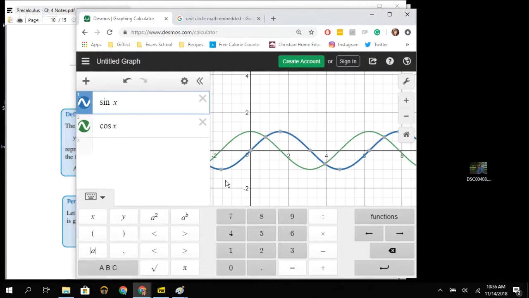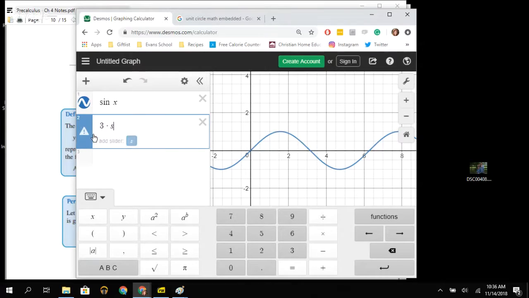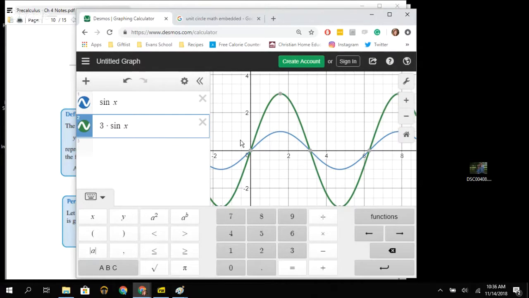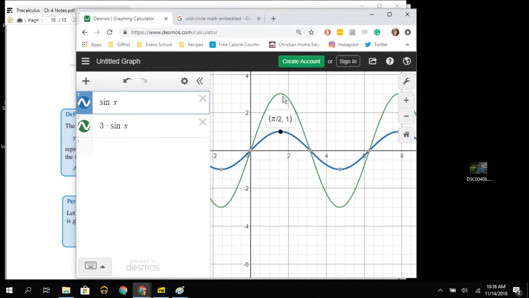So if I take the sine of x and then I do 3 times the sine of x, right? My amplitude, meaning the height of my sine curve, has increased from 1 to 3 by a multiple of 3. So by multiplying by 3 out front, I've changed the amplitude of my sine curve.